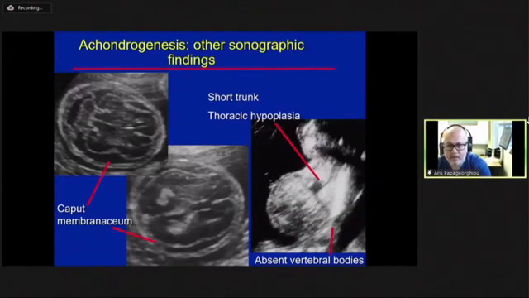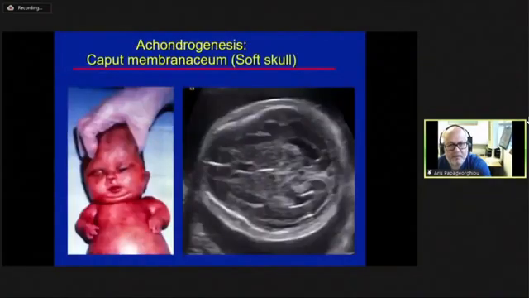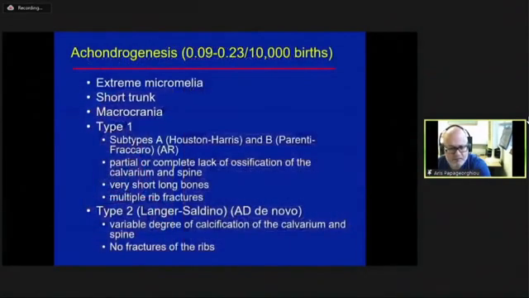Short trunk with thoracic hypoplasia, and that very characteristic finding of absent vertebral bodies. So to show you this picture of the caput membranaceum, just this very soft skull, and one of the things you can often see first is you get this impression that you can see the structures in the brain extremely clearly, and that's just because there's no reflection of the ultrasound signal away from the skull.